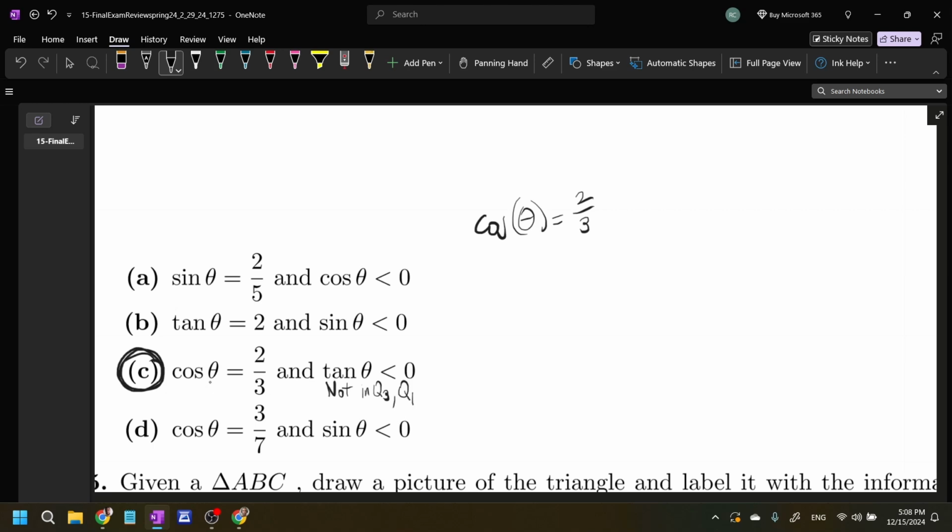And they tell us that cosine of theta is 2/3, which is a positive number. So that means it has to be in quadrant 4. It would be quadrant 1 or 4, but this tells us it's not in 1. So we're doing a little bit of Sherlock Holmes, solving for where this angle is.